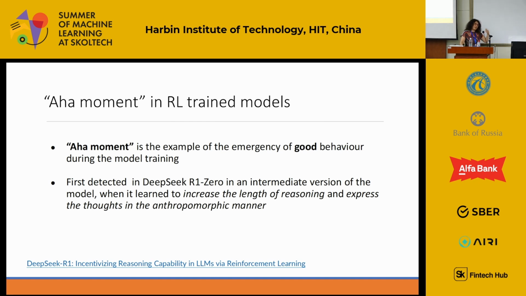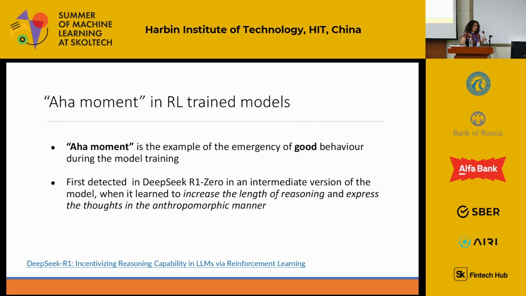It was detected by the developers of the R1 model. They trained the model to solve mathematical tasks with reward in the end for the correct answer. And they found an interesting thing: in training curves, there is a phase shift moment when the responses become longer, and at that point the quality of task solving increases.